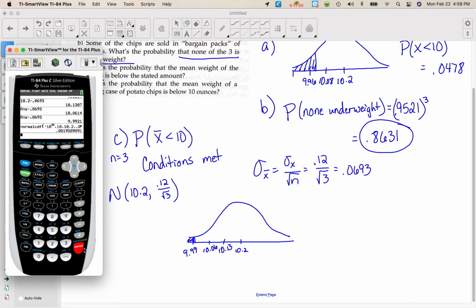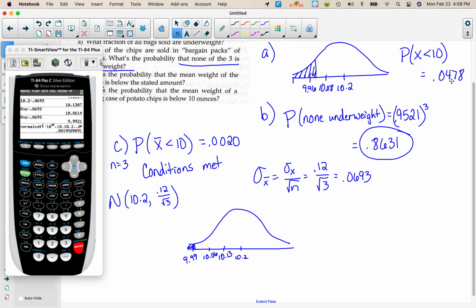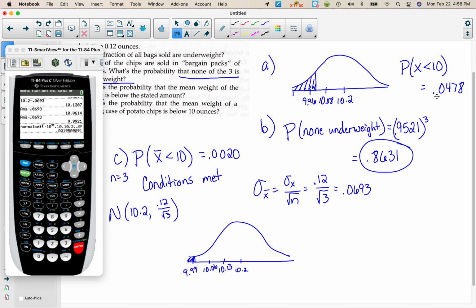And so now I see that my answer is 0.0020 if I round to that place. Now, that's the probability that I would get a sample mean of those 3 bags less than 10. So remember that the probability of a bag being underweight was almost 5%, but the probability of the mean with just 3 bags is much, much smaller.